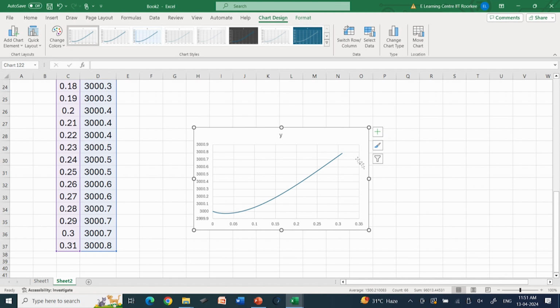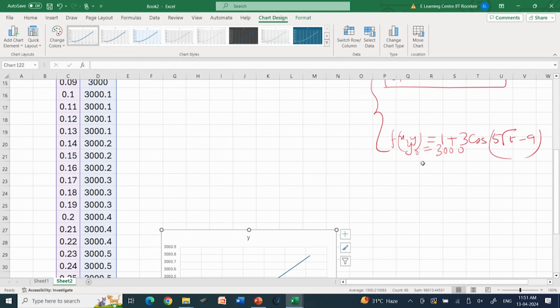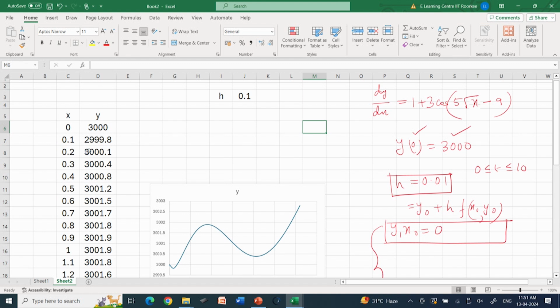So, you get a curve here. If you want to change this, say you want to change the steps because you feel that these values are quite close. So, if I change this number to 0.1, and just click it outside, you see everything changes.